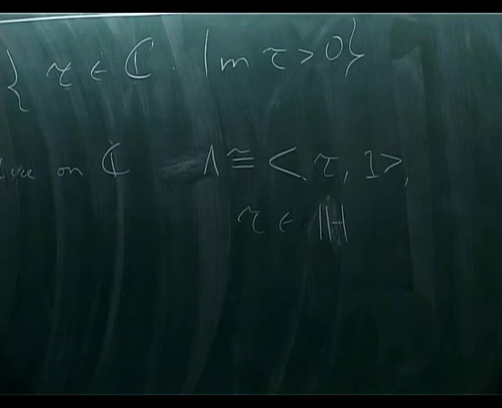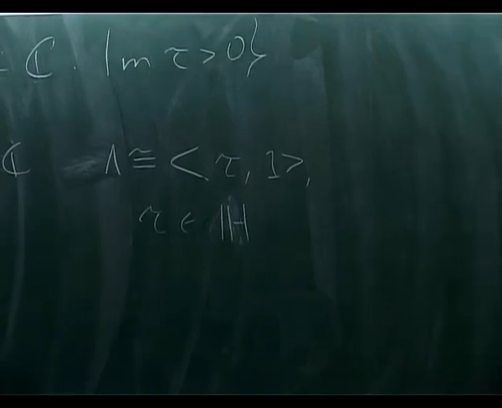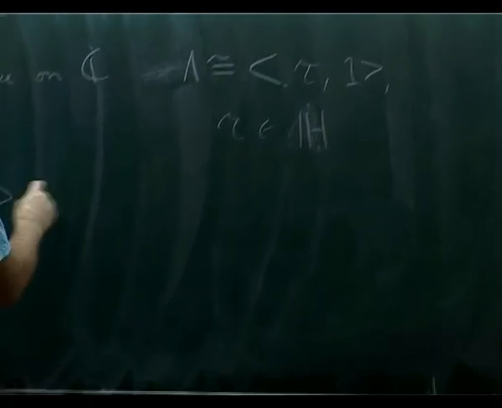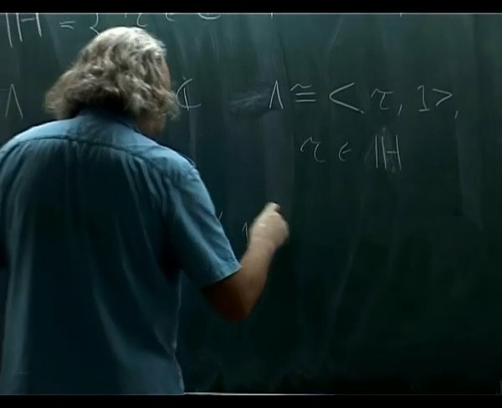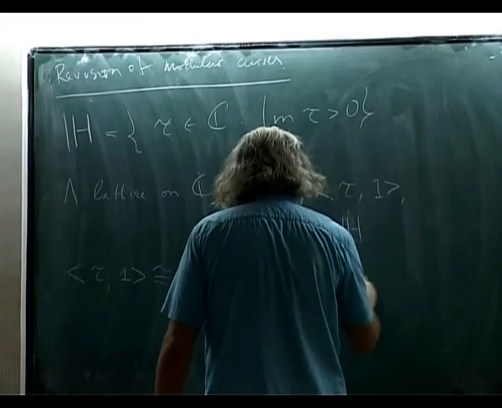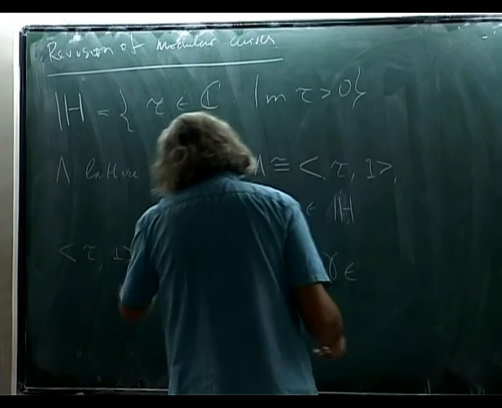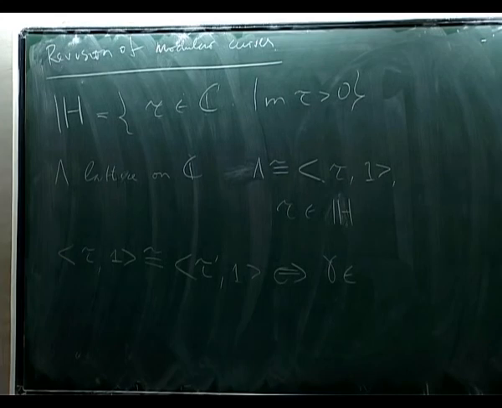And it's easy to see that the lattice tau 1 is isomorphic to tau prime 1 if and only if tau and tau prime are related by a unimodular integral matrix.